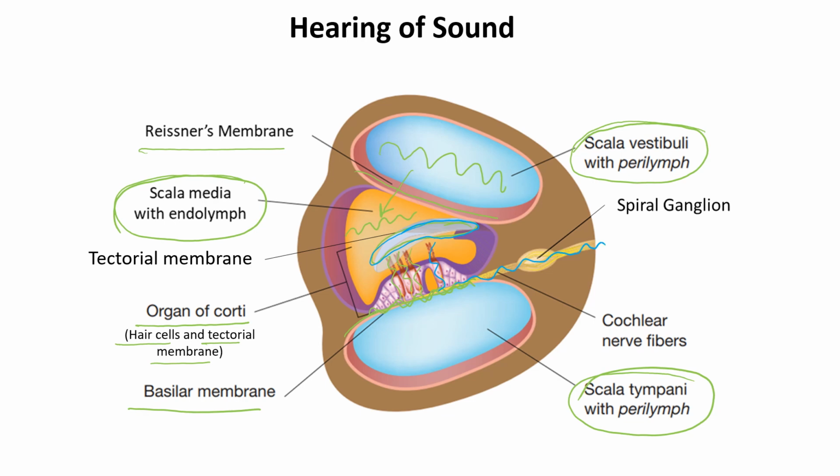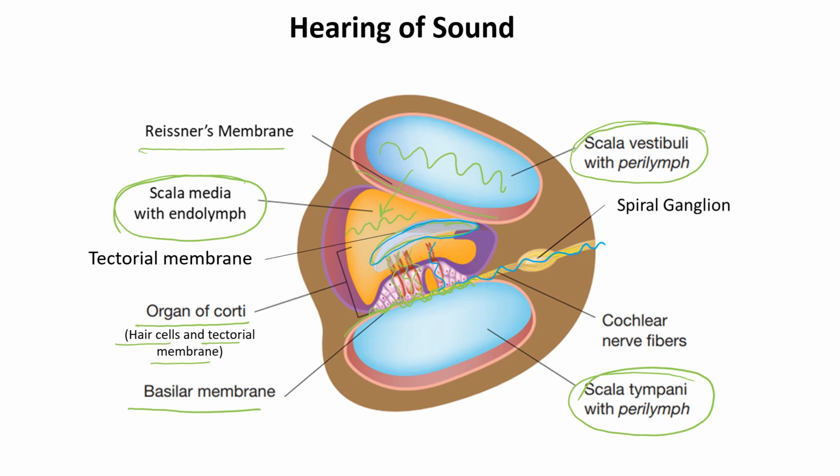The brain then processes the nerve impulses and helps us to understand the specific sound wave that we are hearing. Like let's say, it helps us to distinguish the chirping of birds from my voice that you are hearing right now.